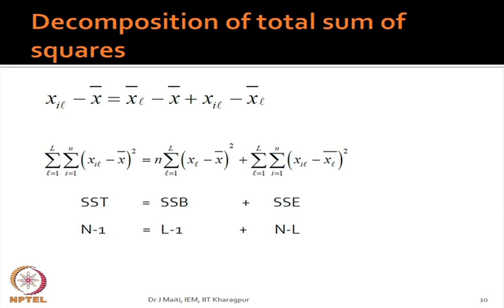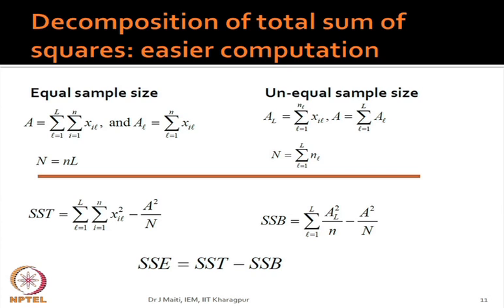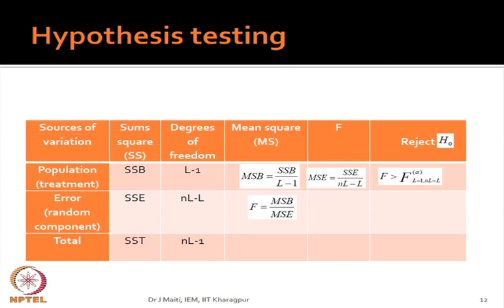This total concept, whatever we have discussed so far, can be seen in a table which is known as the ANOVA table. Whenever you go through any textbook on ANOVA or any software you use for ANOVA, you will find that one table is formulated, and this is known as the ANOVA table, which is very popular.